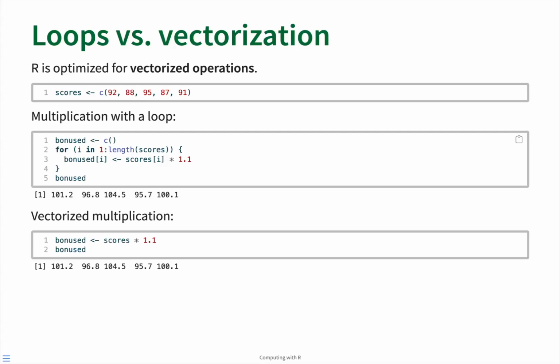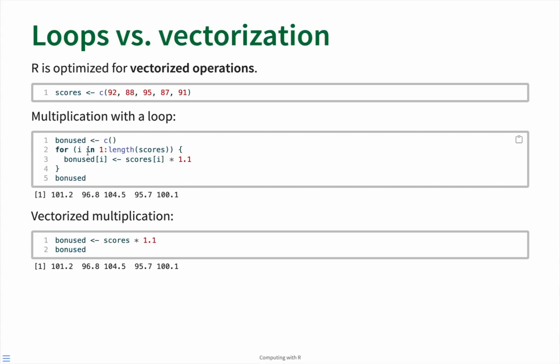And what a vectorized operation does is it operates upon multiple values in the vector at the same time. So rather than having to process each item in the vector one by one, which will take as long as there are items in the vector, a vectorized operation can process multiple items at once and get through the vector a lot faster.